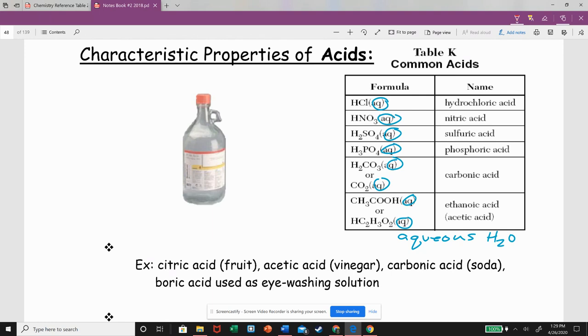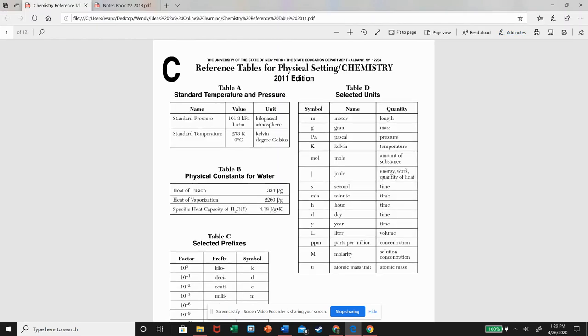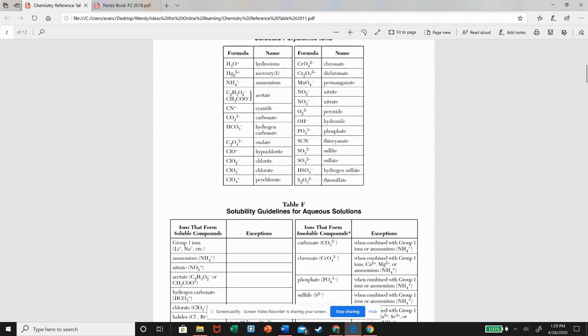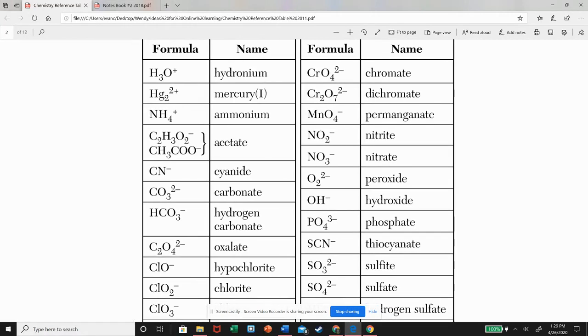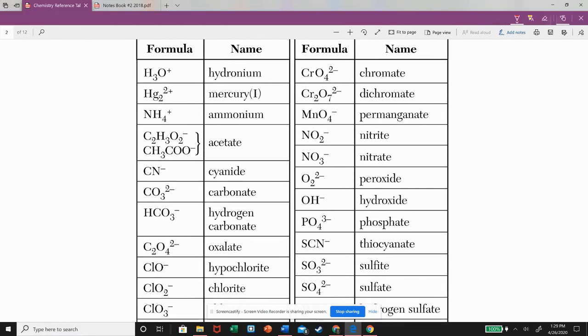I think it's easier on the bottom one if we look at this one instead of the first one. I just wanted to say on table E, your acetate ion, which is C2H3O2, there were two different ways we could write the acetate ion. Let me go back to table E really quick. Here in table E, our acetate ion, there were two different ways that we could write it.